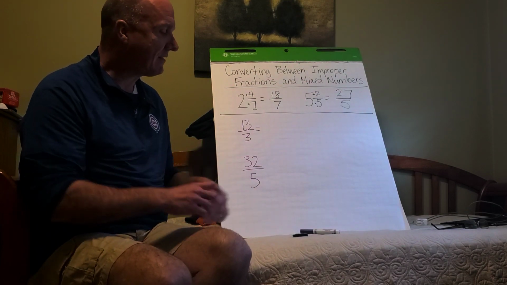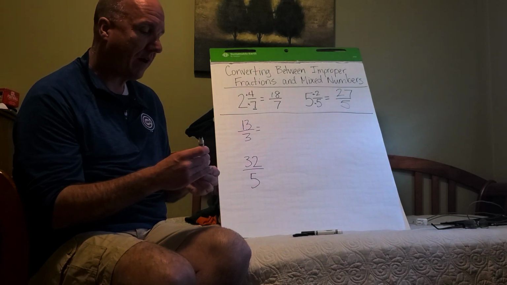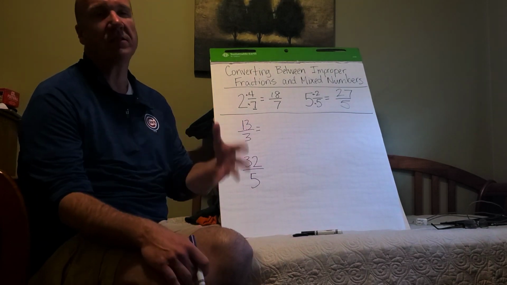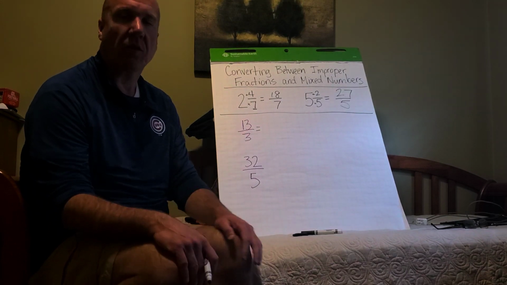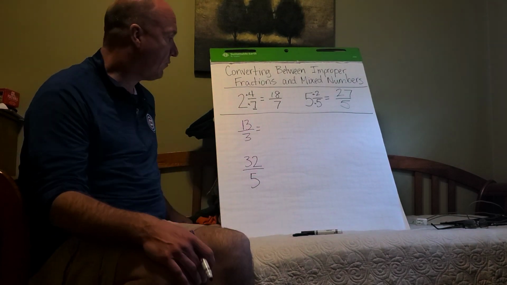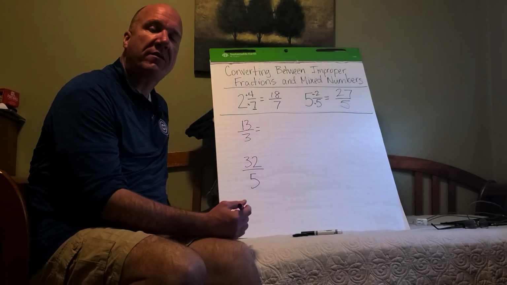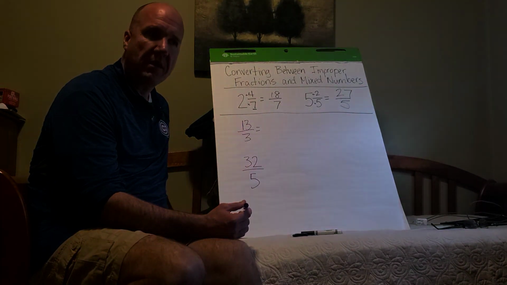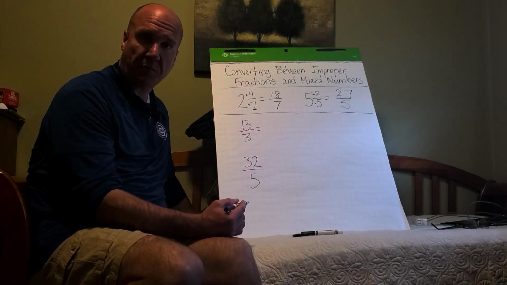When we do the next step, we have to turn an improper fraction to a mixed number. This one's a little bit more work to it, but it's not difficult work. It's work that you've done throughout this year. When we do 13/3, when I want to turn that into a mixed number, what I have to do is divide. Fractions are like division problems.